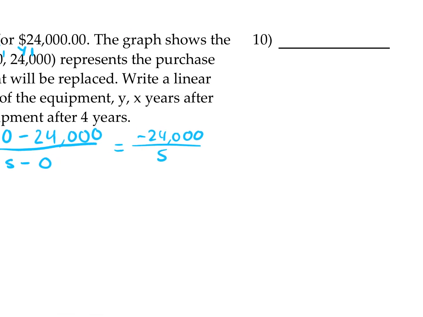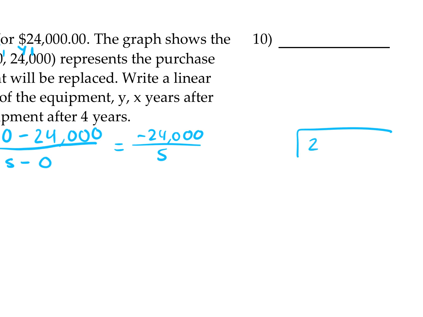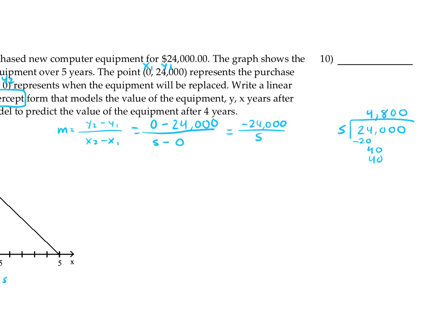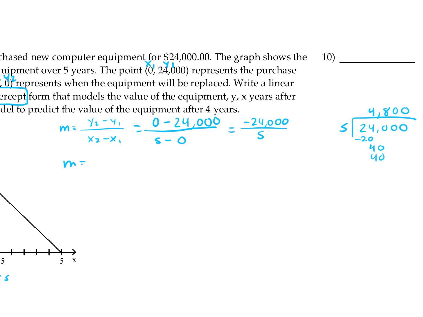And then let's divide. 24,000 divided by 5. 5 goes into 24 4 times. Then 5 goes into 40 8 times. So it'd be 4,800. So our slope is negative 4,800.